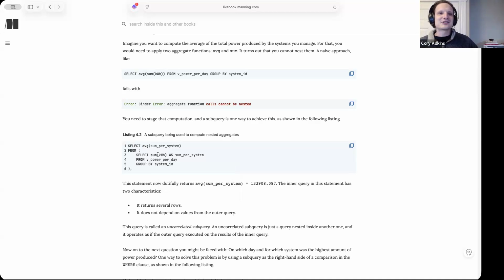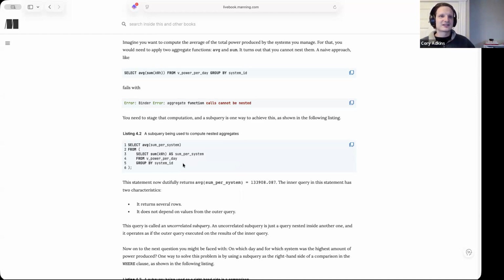They want the average sum per system. So they take the group level sum for every system, and then they average them together. Yep, that's right.